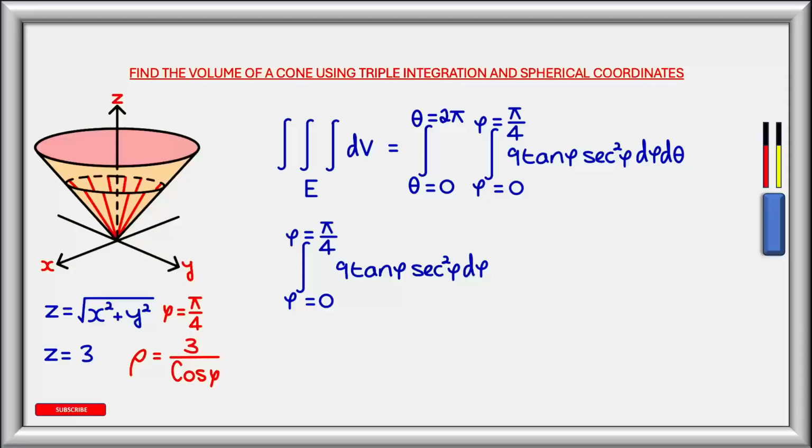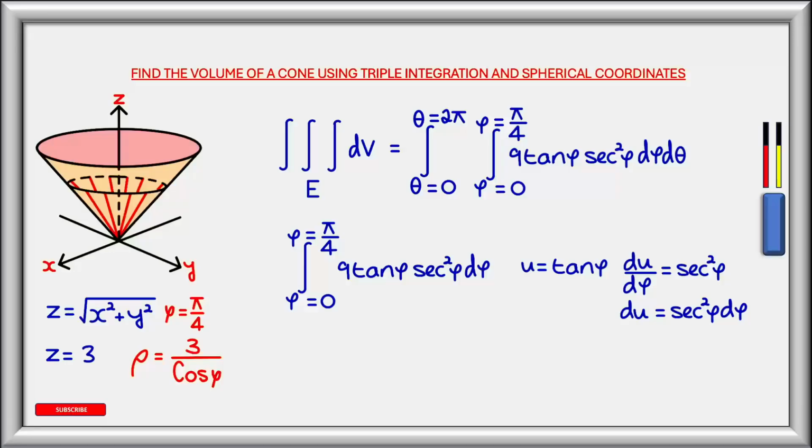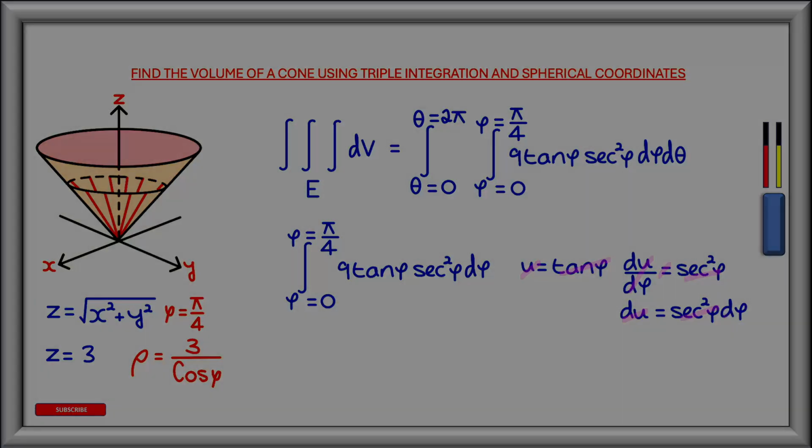And for the middle integral, we want to integrate from phi equals 0 to phi equals pi by 4, 9 multiplied by tan phi secant squared phi d phi. And to integrate this, we're going to make a substitution. We're going to let u equal tan phi. So du by d phi is equal to secant squared phi. Therefore, du is equal to secant squared phi d phi.